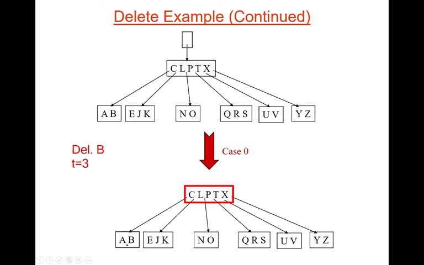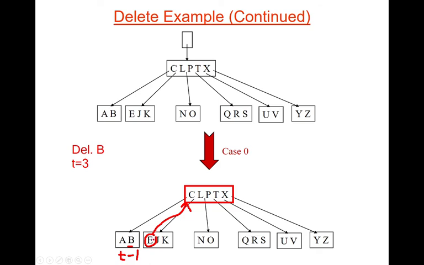And if you see here, B is in this node, so what we can do is bring E up. If we simply remove B from here, this node, which already has T minus 1 keys, would have T minus 2 keys, which violates the minimum bound.